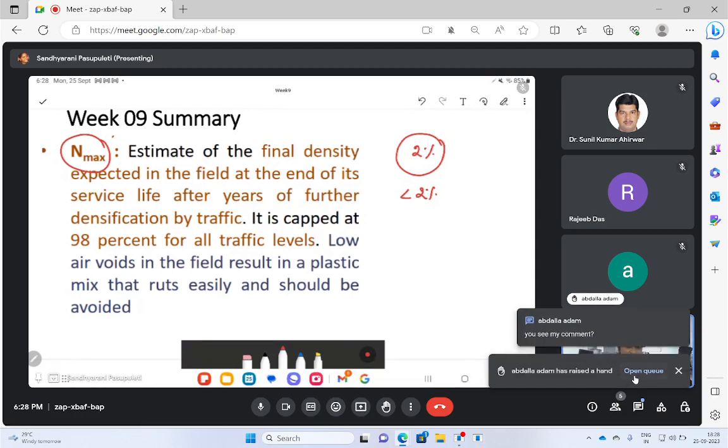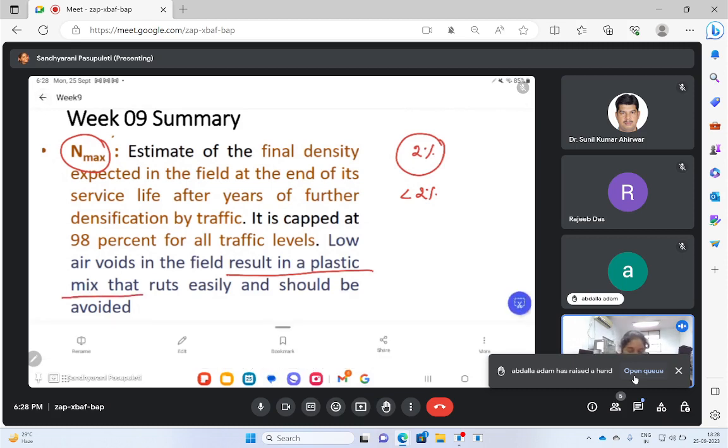And another thing is, when I say that the air voids are less than 2%, that implies that there is more bitumen in the VMA, voids in the mineral aggregates. Whenever there is more bitumen, that implies a rutting problem. So that will result in a plastic mix.